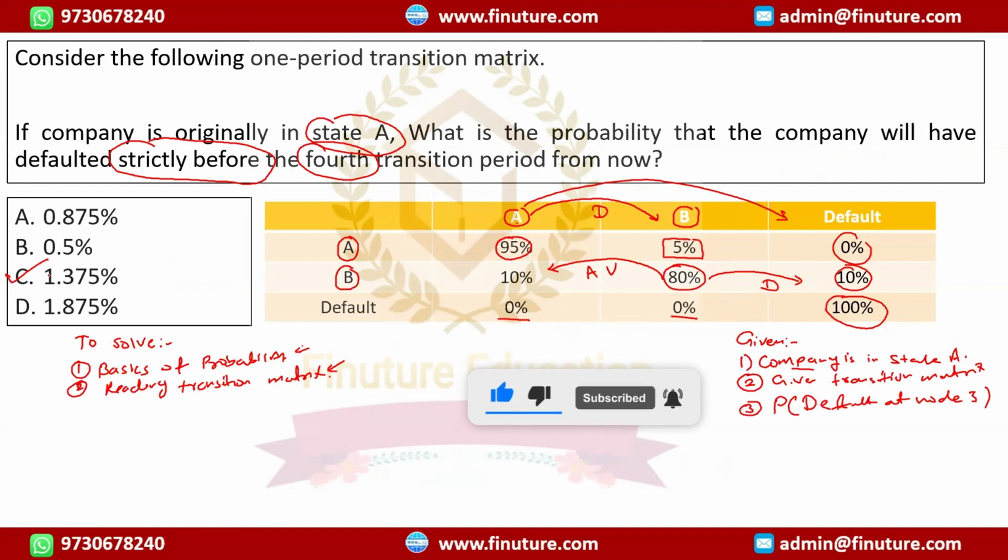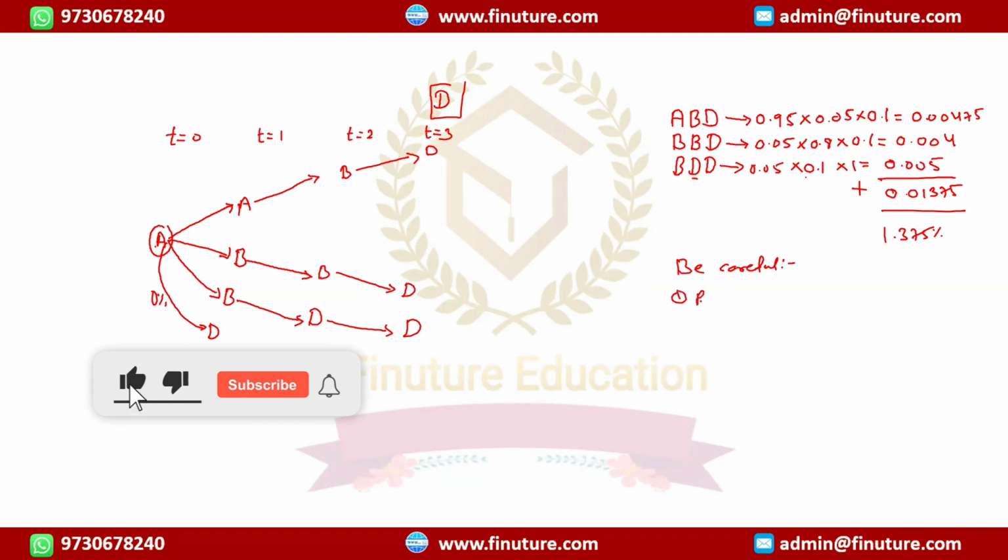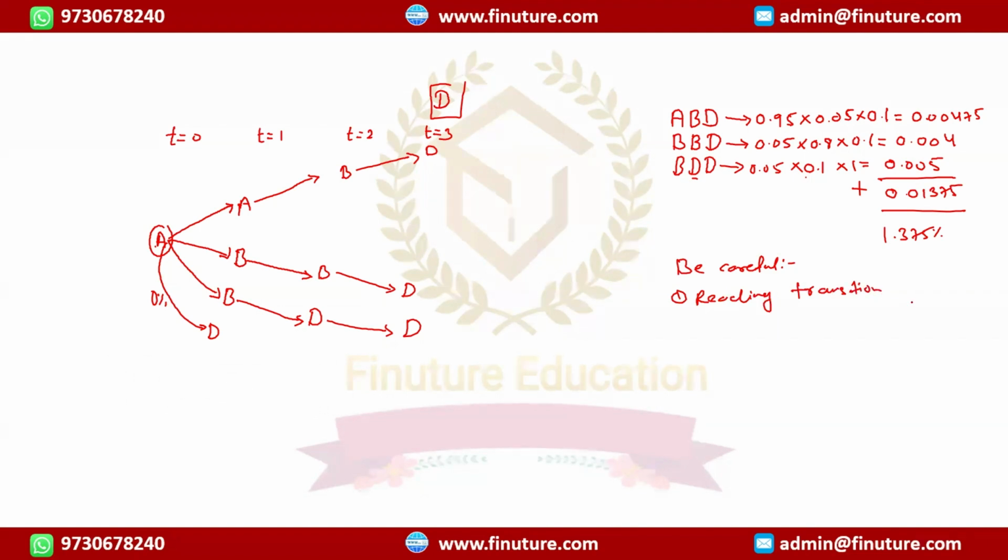And the points of caution: be careful in reading the transition matrix. When you are coming from A to B and B defaulting, be very careful, refer to the row B, not the first row.